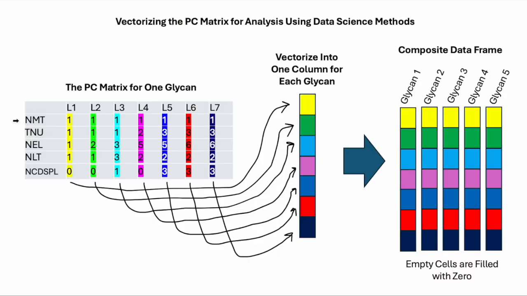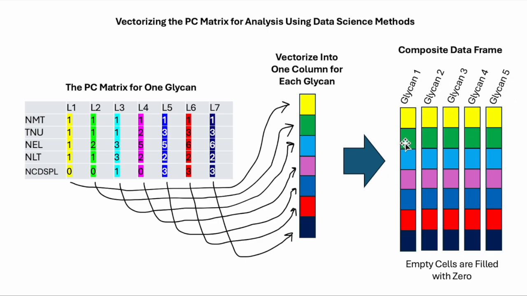The reason I made sure to measure these features in the exact same order for every single layer is because we can then stack every single layer underneath the one that came before it, which is called vectorizing the matrix, turning it into one row, or in this case, one column. Once you do this, you can then combine the vectors of multiple glycans into a data table.